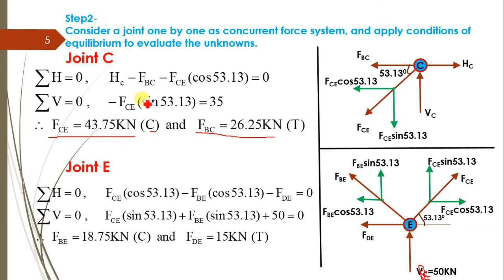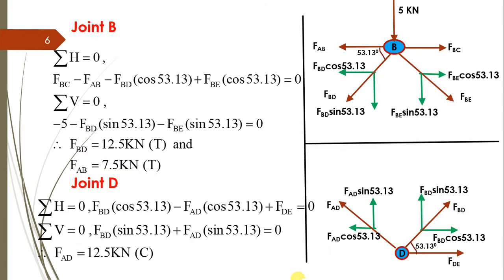Now substituting the value of FCE as minus 43.75 in this equation and solving, we determine FBE as 18.75, and as it is minus, it is compressive in nature, and FDE is 15 kilonewton, a positive value, therefore tensile in nature.